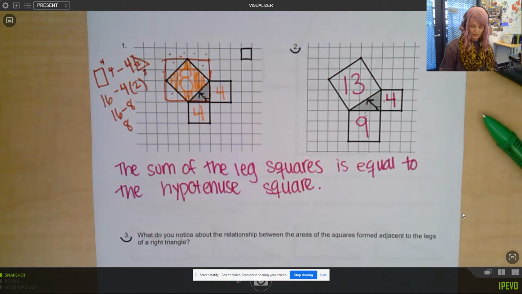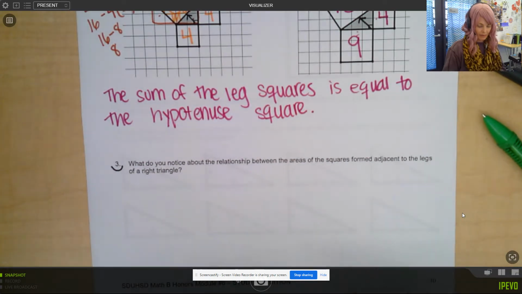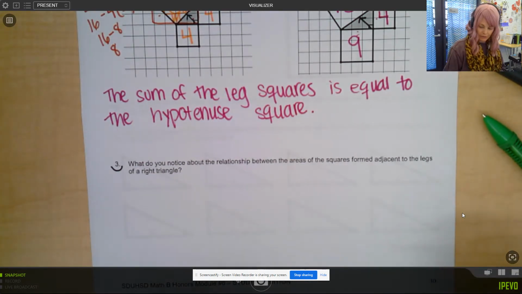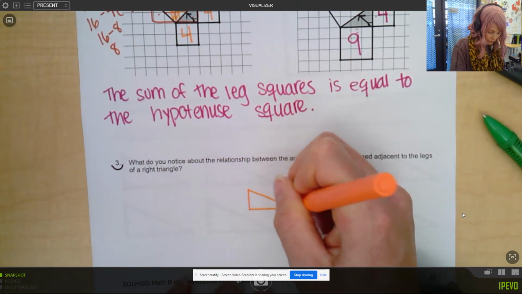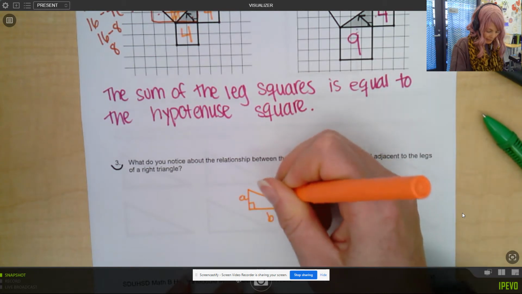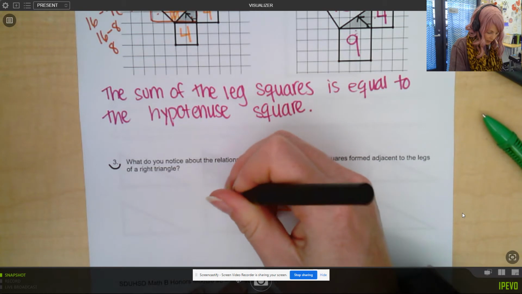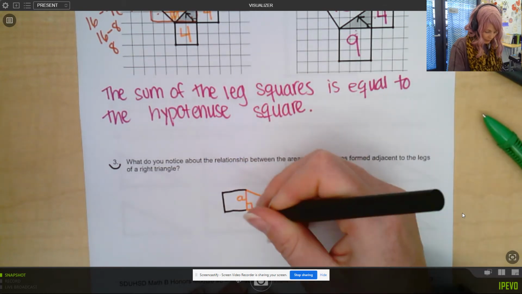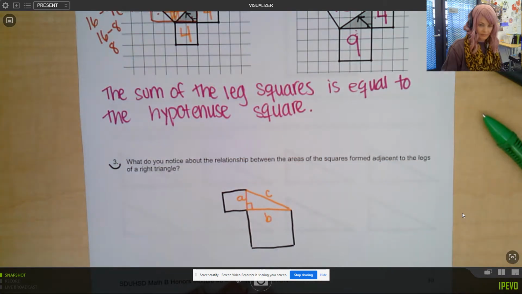Interesting. So what we have here is that if we have a right triangle with leg lengths A, B, and hypotenuse length C, we can draw squares using the side lengths.